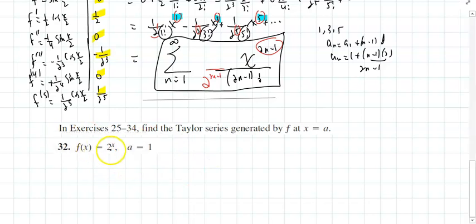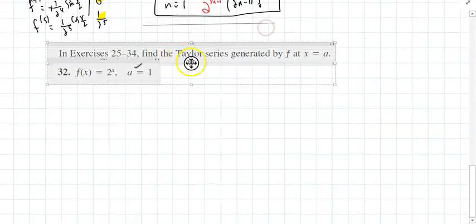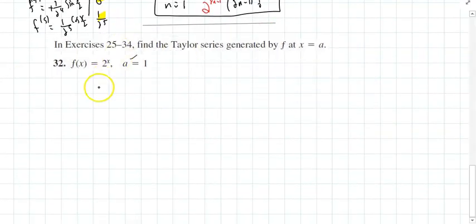So, f of x equals 2 to the x centered at a, I would write this as f of 1 plus, instead of f prime of 0, f prime of 1 times x to the 1 over 1 factorial, looks very close, except it's x minus 1.